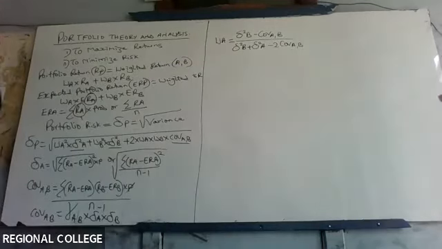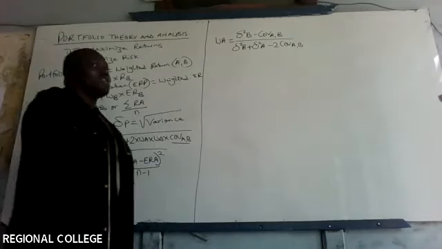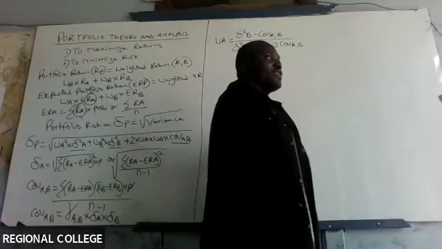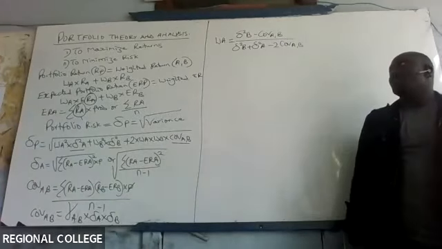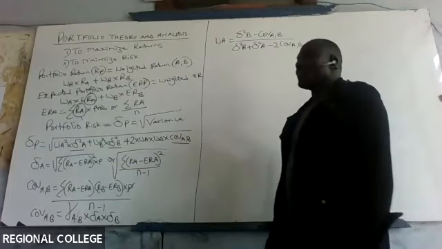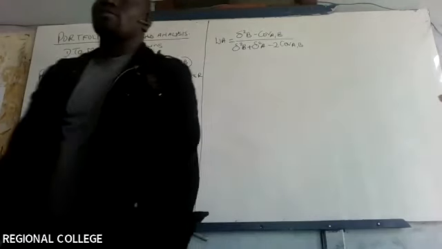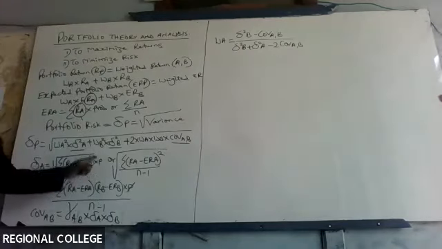Let me explain where that formula is coming from. The weight of A is the variance of B, the standard deviation of B squared, minus the covariance of AB. We divide by the variance of B plus variance of A minus 2 covariance of AB. This is where the formula is coming from.